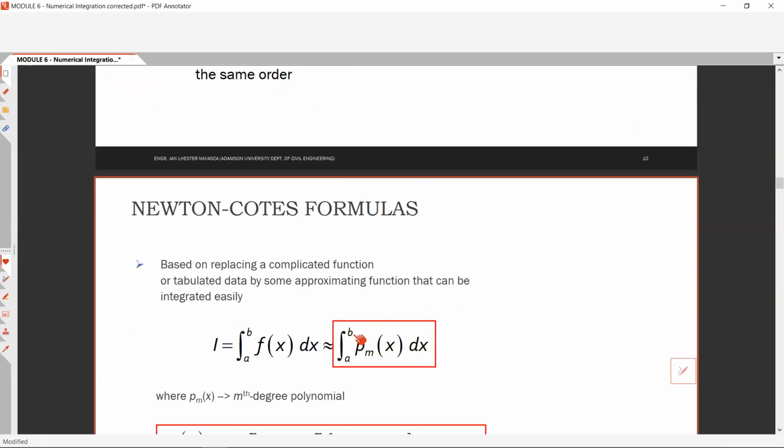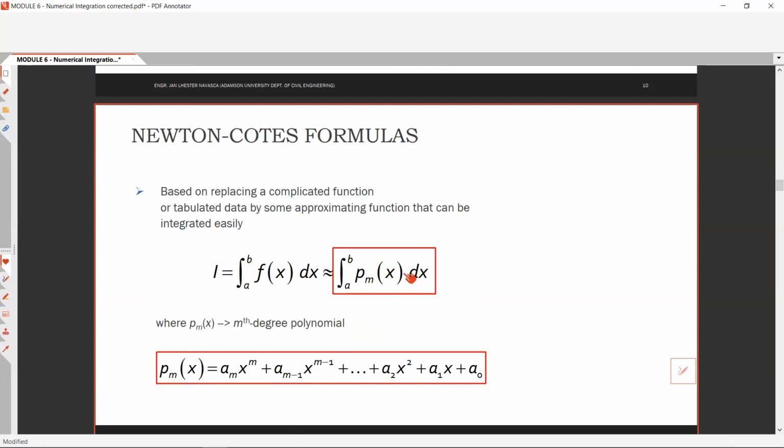The Newton-Cotes formulas are based on replacing a complicated function or tabulated data by some approximating function that can be easily integrated. For example, we have the integral of f of x dx from a to b. We replace f of x with some function that can be integrated easily.